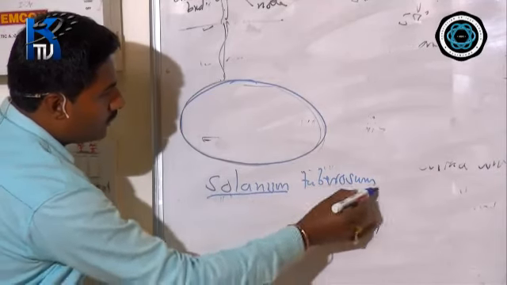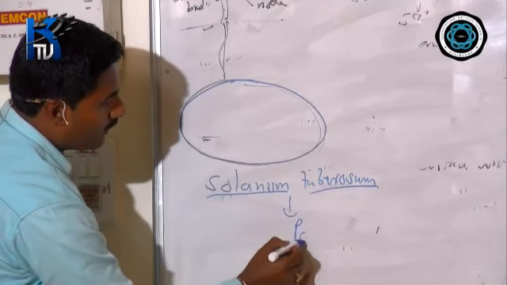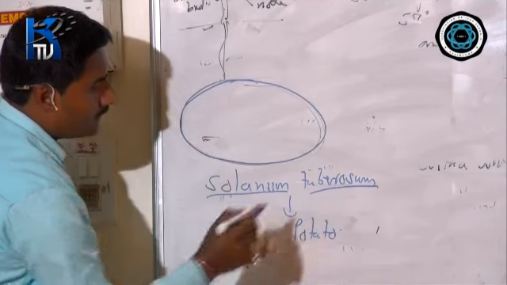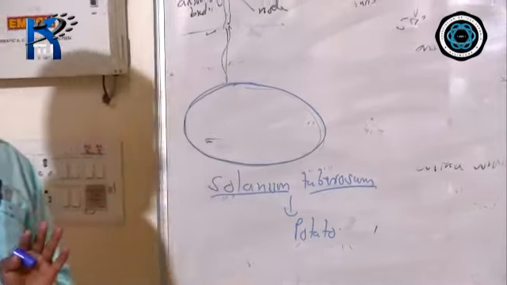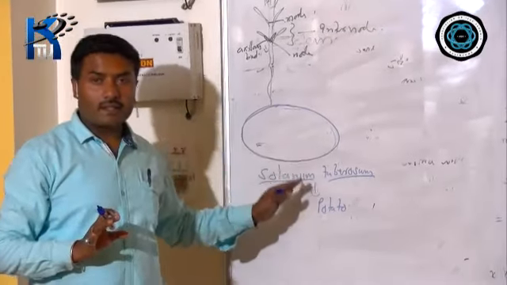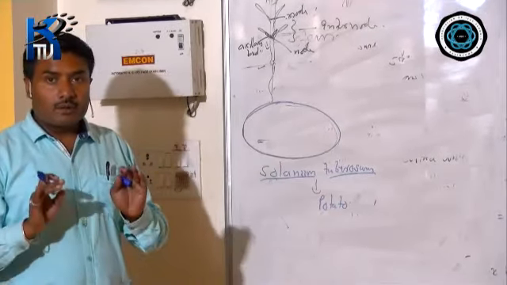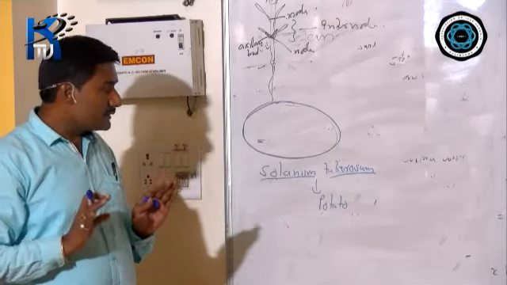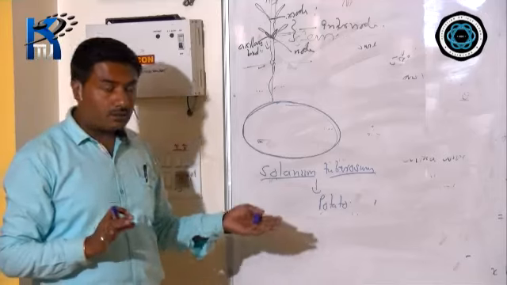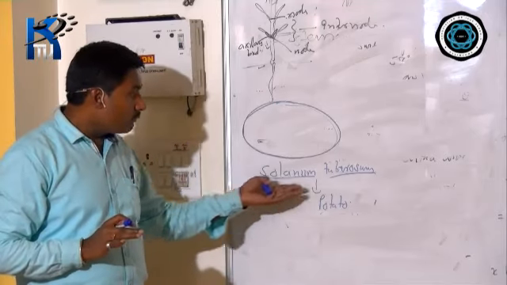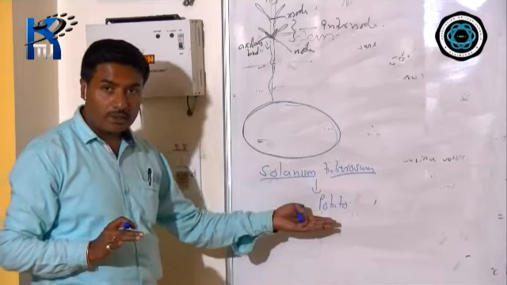Since you are all in class 12, it's better if you can write the botanical name, the scientific name. I think it will maintain the standard, but there is no hard and fast rule, but it's better to write. Okay, Solanum tuberosum, that is, I am talking about potato.